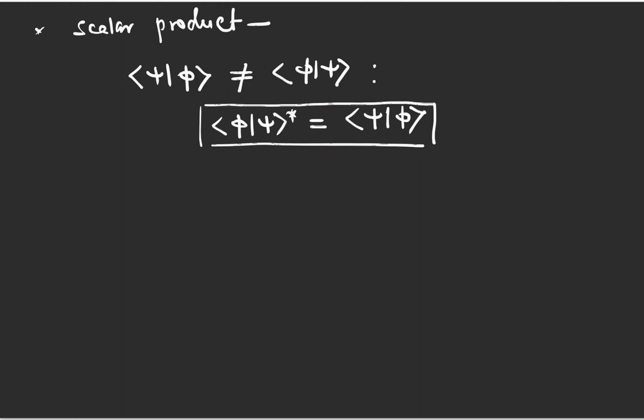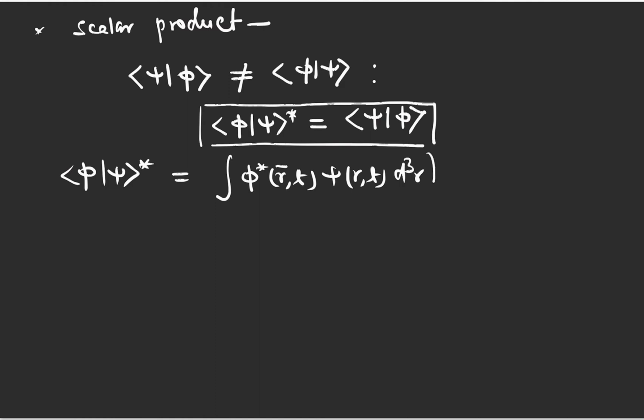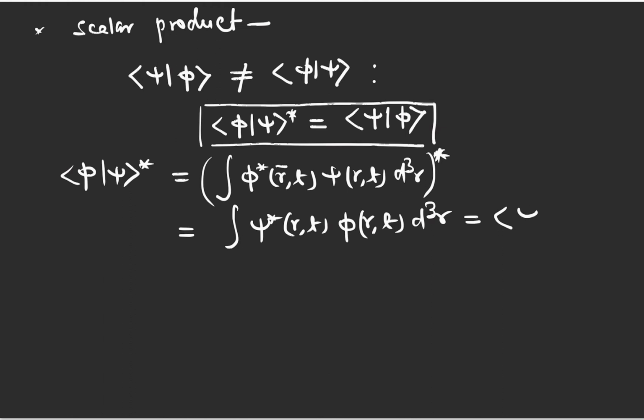We can write it in the integral form also. Let's see, bracket phi psi star is equal to the integral of phi star(r, t) psi(r, t) d^3r star, which is equal to the integral of psi star(r, t) phi(r, t) d^3r, and that is equal to bracket psi with phi.